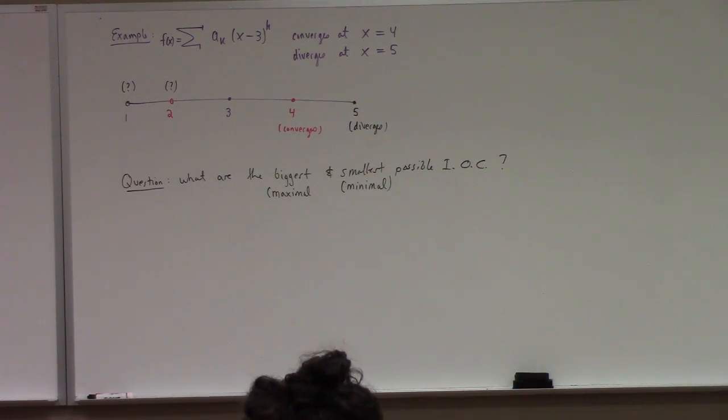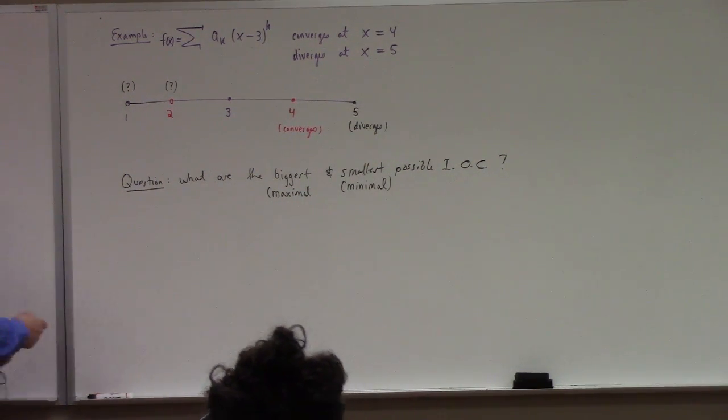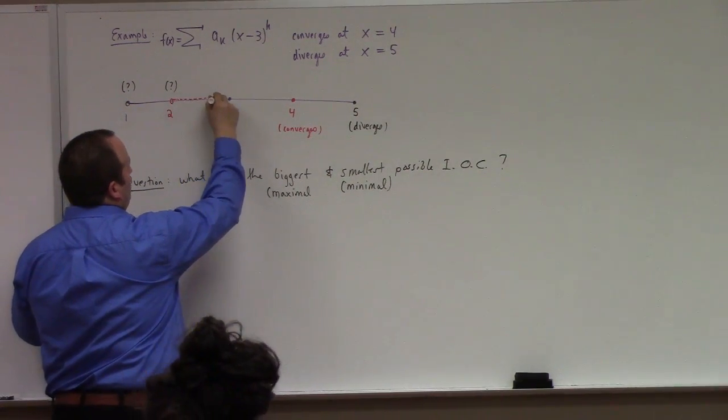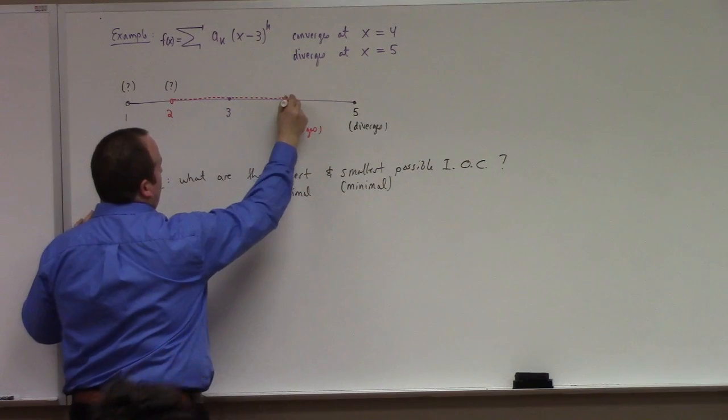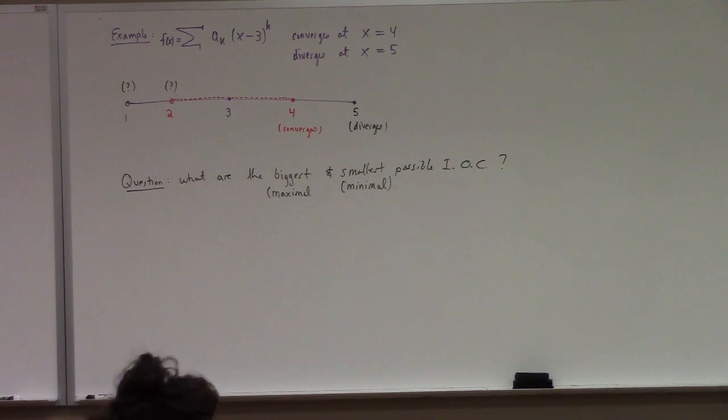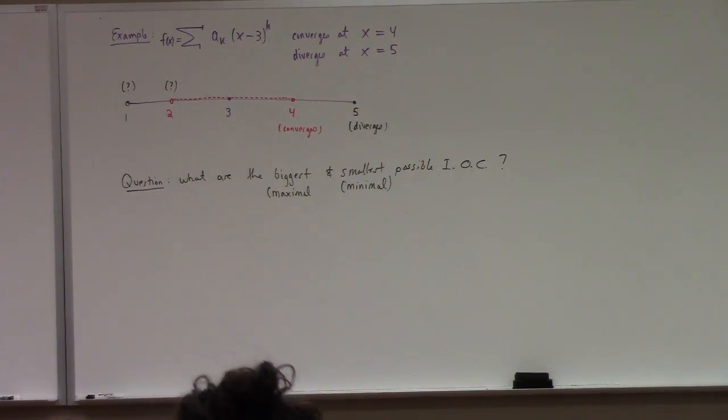Okay. You guys tell me, what's the smallest interval of convergence that's possible? Somebody help me out. So the theorem tells me that it's absolutely convergent from here all the way to here, right? Could you make it smaller? I already know that much is absolutely convergent.